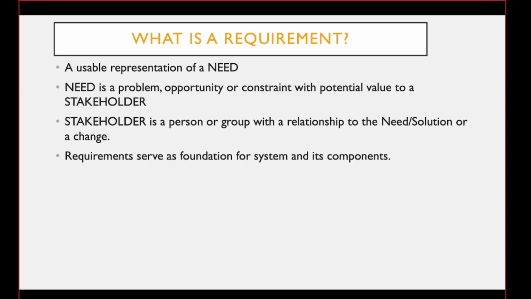So requirements serve as the foundation for a system and its components. Whatever you want to develop, first you need to have requirements in place, and based on those requirements only, any system and its overall components can be built.